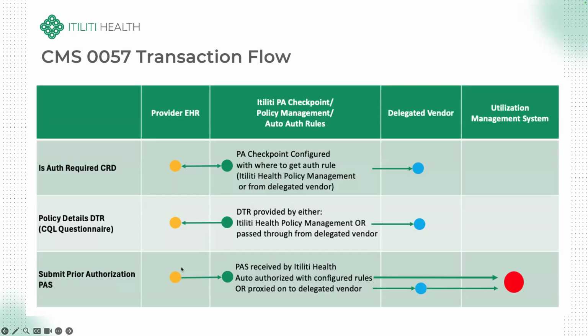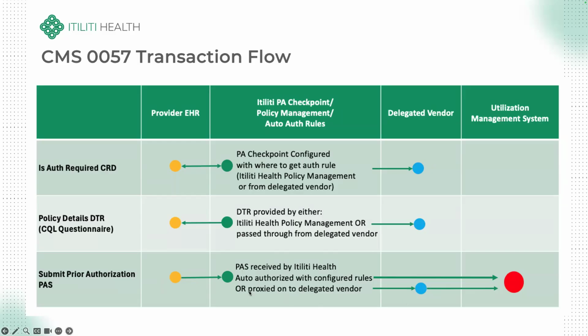Again, similarly in the PAS transaction, when a prior auth is submitted, if Itiliti Health is the knowledgeable source about your policy and rules for a particular transaction, that can come to the Itiliti Health system and we can answer whether it's approved or not, and then forward it on to the utilization management system using FHIR.